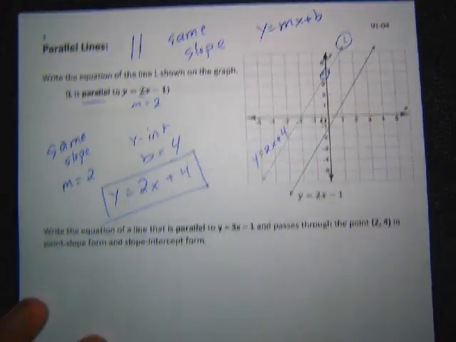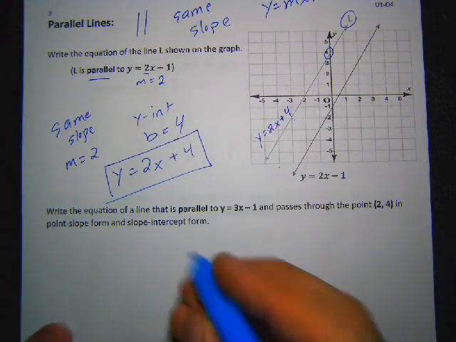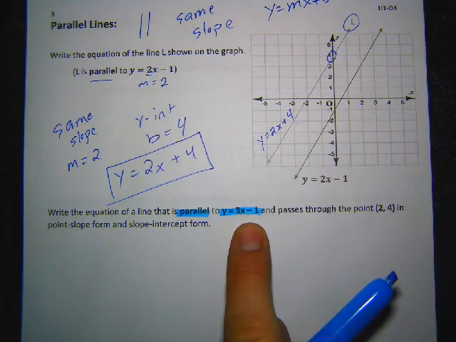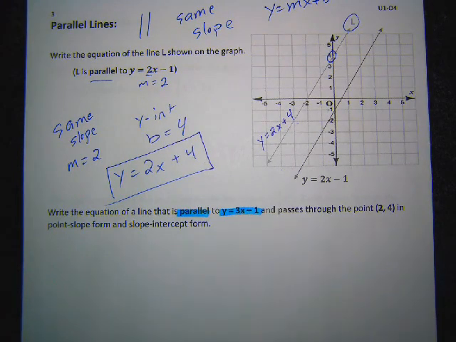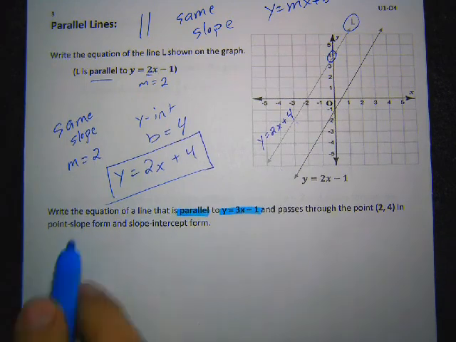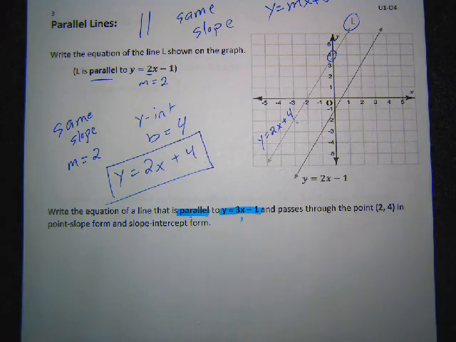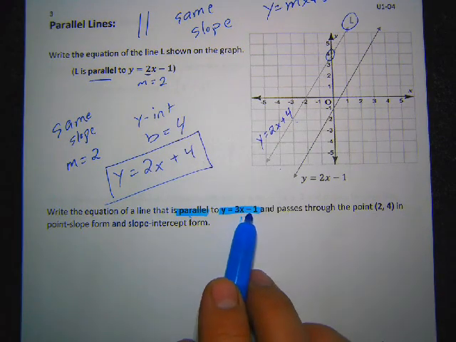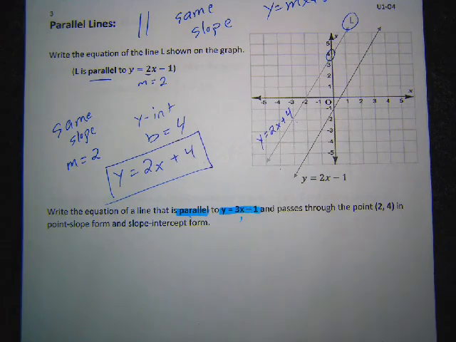So for the next one, it says that we're parallel to this line. Now that's not our line, right? They didn't give us this line to give us the final answer and we're done. We don't just get to write y equals 3x minus 1 and say we're done. No, they said write the equation of a line that is parallel to this line and then goes through some other point. So it's not this line. This is not our line. But our line is parallel to that line.